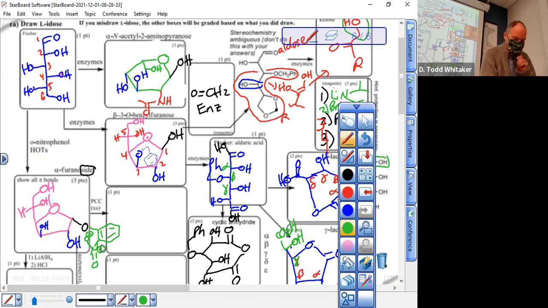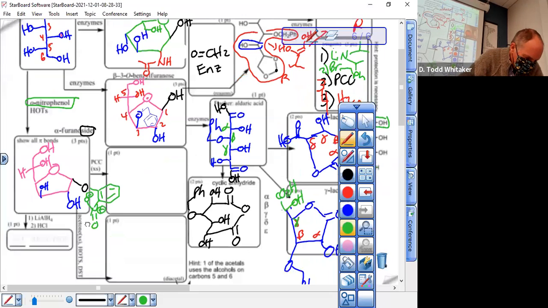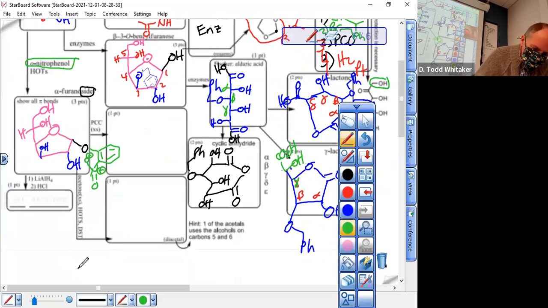That's a minus charge on the O sticking off of the nitrogen there. And the answer actually showed up here. This is an acetal. Acetals don't do normal redox reactions. So the answer here is no reaction.